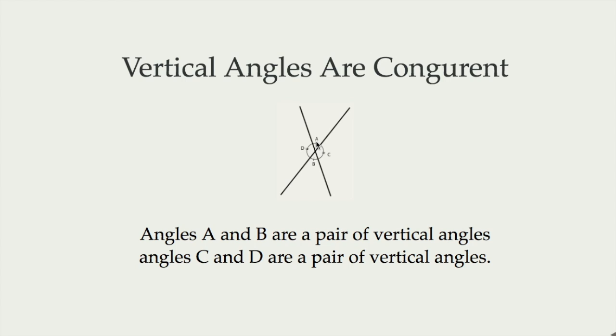In this diagram, A and B are a pair of vertical angles, and so are C and D. So A equals B and C equals D. The vertical angles are congruent. That's the result we want to remember and use for the proof of the angle sum theorem later.